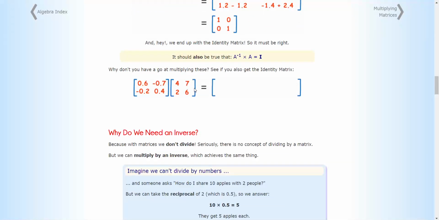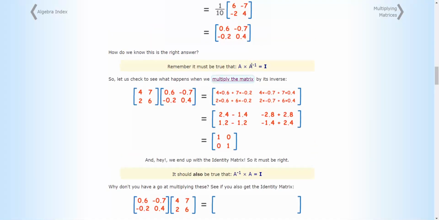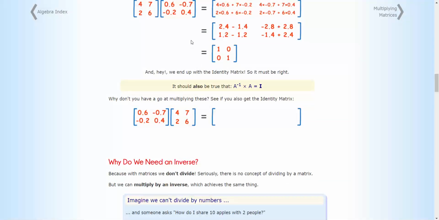Now remember, it's a multiplication of this, but I believe it shouldn't really matter, should it?